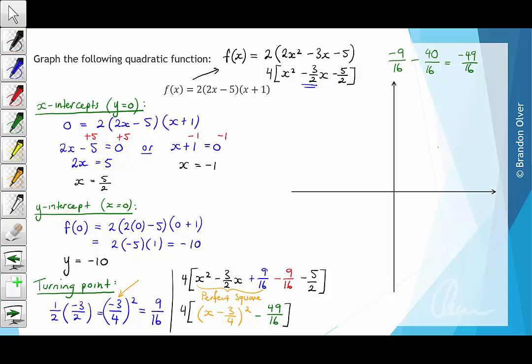Then the last thing to do is just to distribute the 4 through. So we get 4 times (x minus 3 on 4) all squared minus 49 on 4. So this tells us that the turning point is at positive 3 on 4, comma negative 49 on 4.